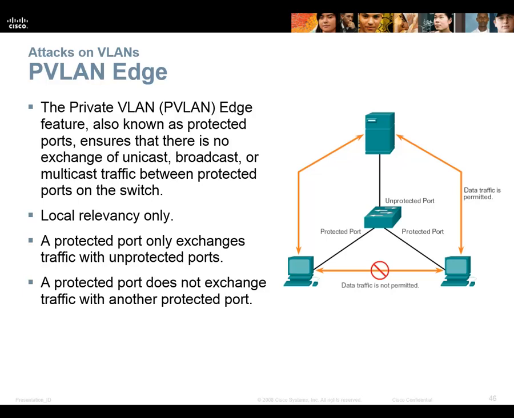A protected port does not exchange traffic with another protected port. The easiest way to explain this is kind of like if you turn on isolation on a wireless, where the users are allowed to connect through to the router or whatever, but they're not able to connect to each other.